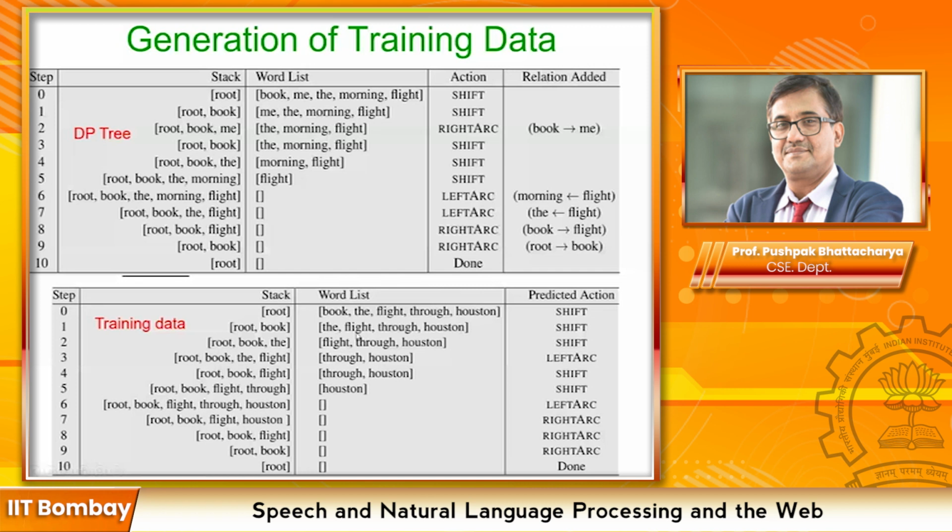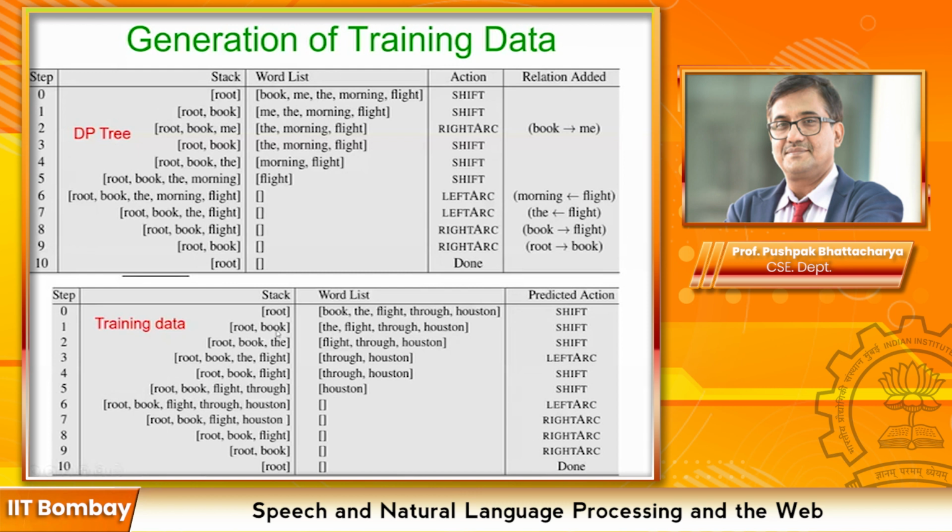So if book has dependents, then I know that while parsing, I should not take book out of the stack. I know that during parsing I cannot do this, so I'll have to shift.